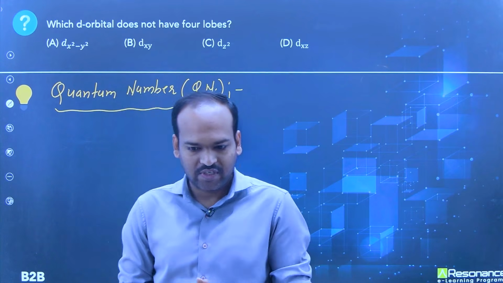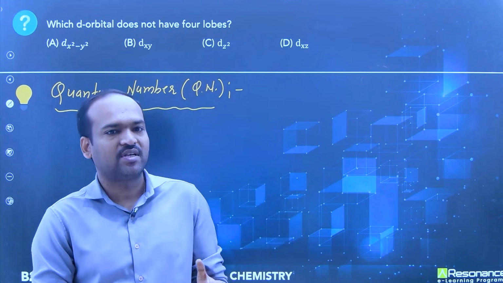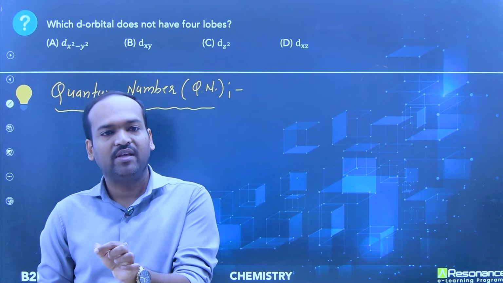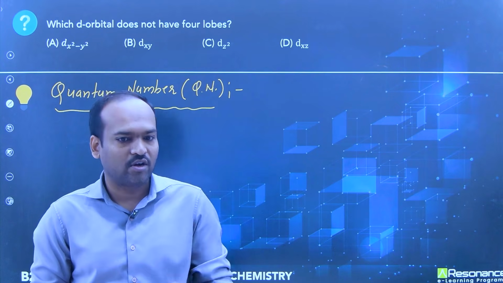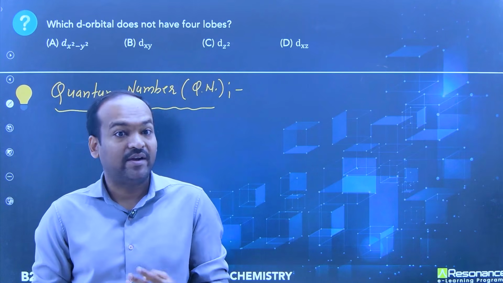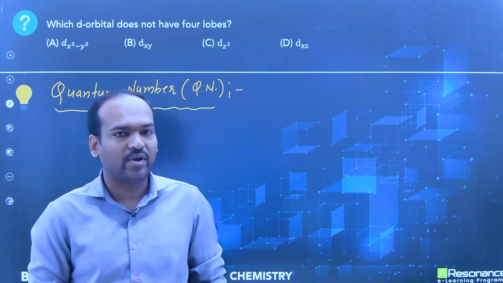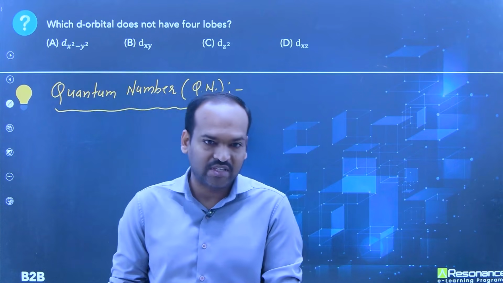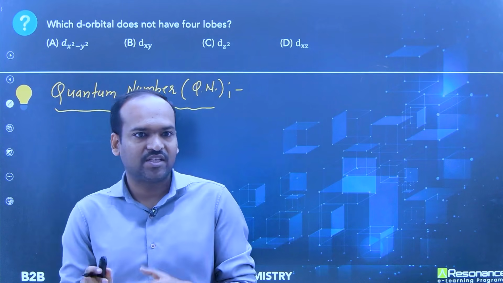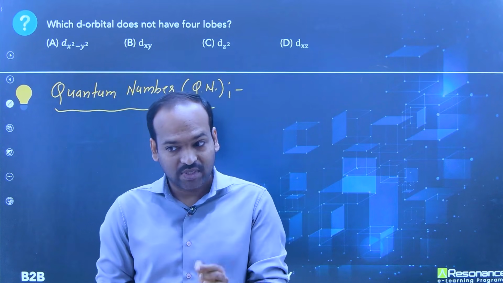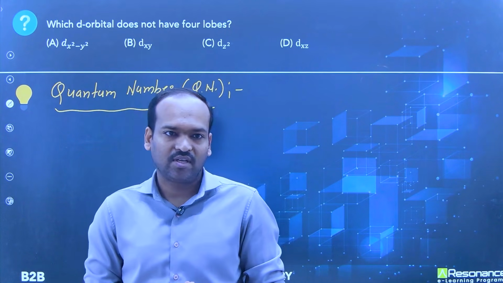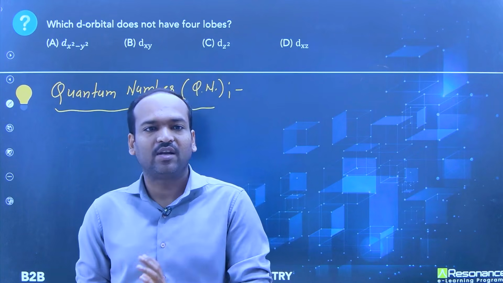Like if you want to search for anyone, you require where that person is living: in which city, in which colony, what is the road number and what is the house number. So 4 pieces of information are required. Similarly here we require 4 pieces of information: in which shell the electron is present, in which subshell, which gives the shape of the orbital, in which orbital, meaning what is the orientation, and if the electron is present in that orbital, what is its spin.